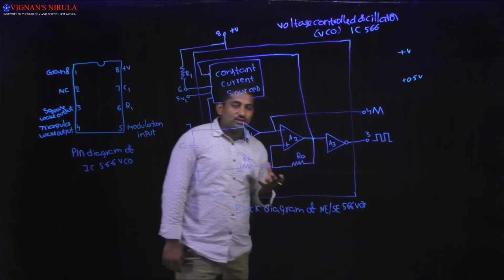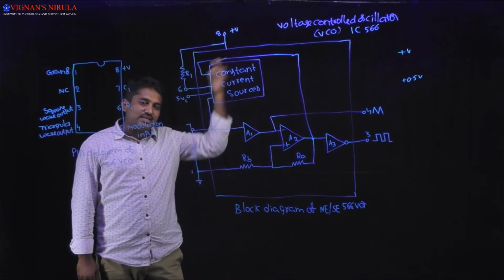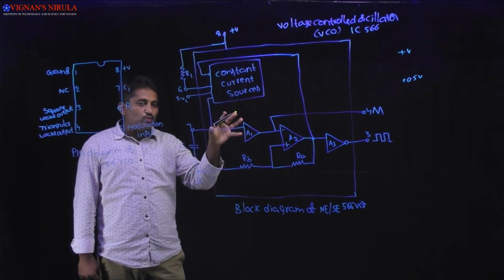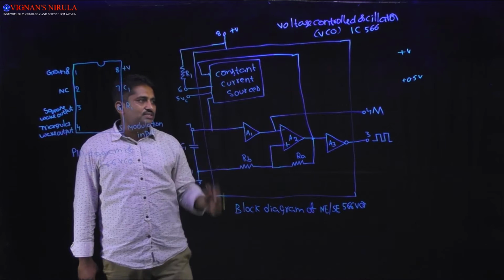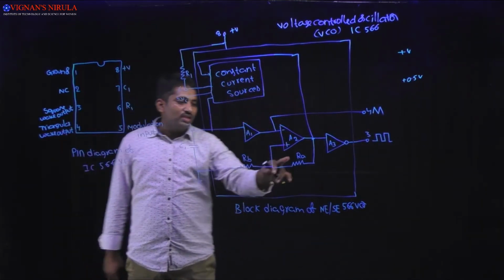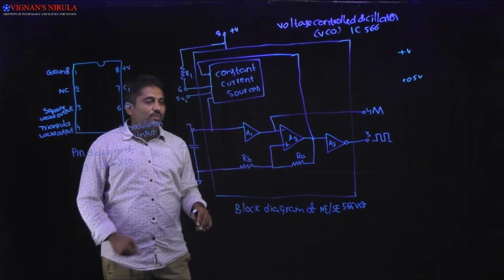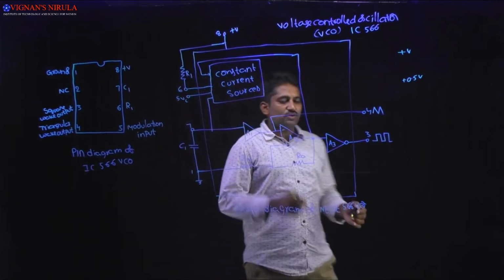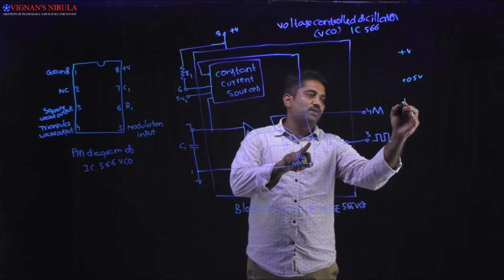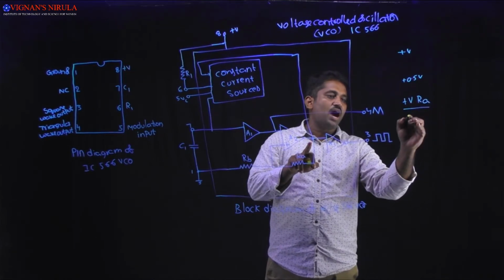Generally we adjust the Schmitt trigger output voltages to plus Vsat and minus Vsat, and in this case I am designing the output voltage of the Schmitt trigger as plus V and plus 0.5 V. Now if RA is equal to RB, then the non-inverting input of the Schmitt trigger will vary. If the output of the Schmitt trigger is plus V, then plus V into RA divided by RA plus RB.